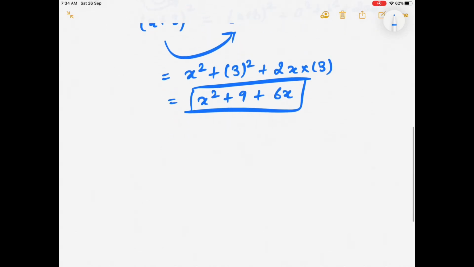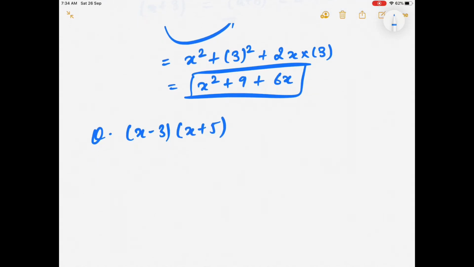Now let's take another example. (x minus 3) into (x plus 5). Now what identity will we use here?